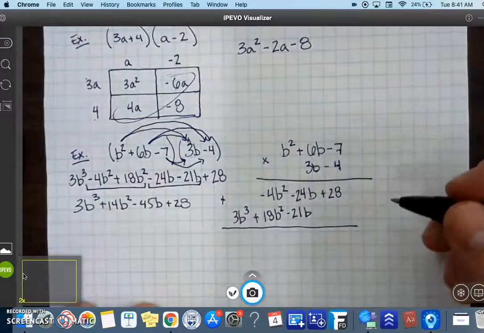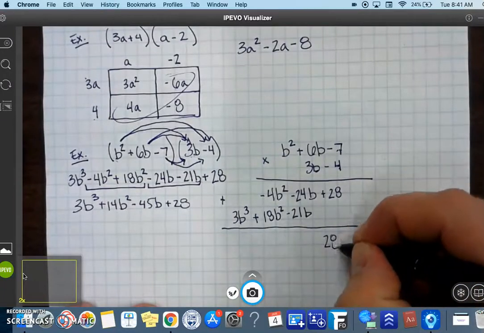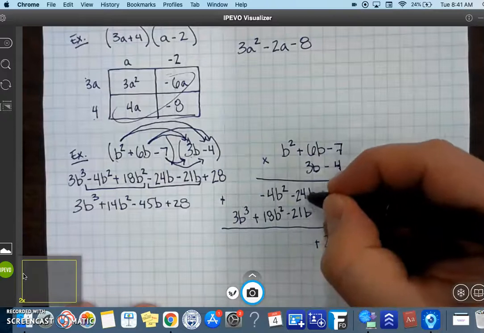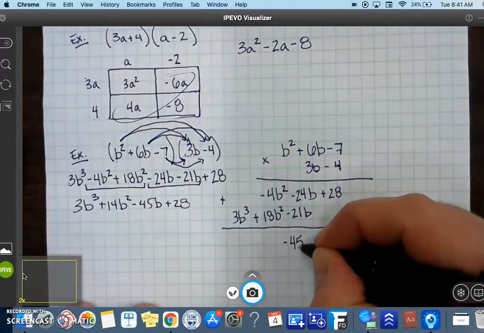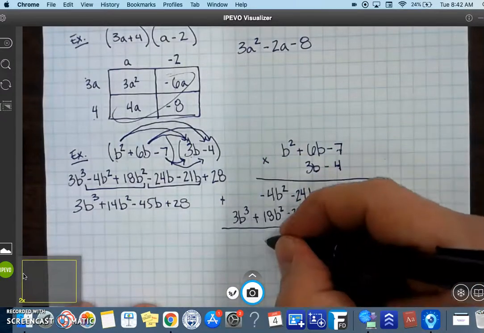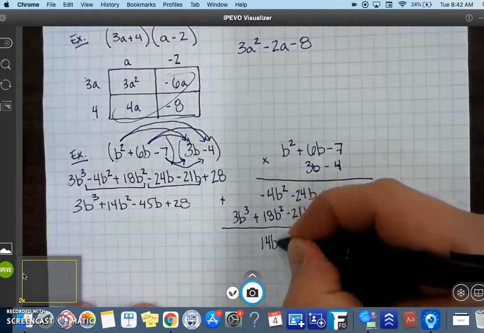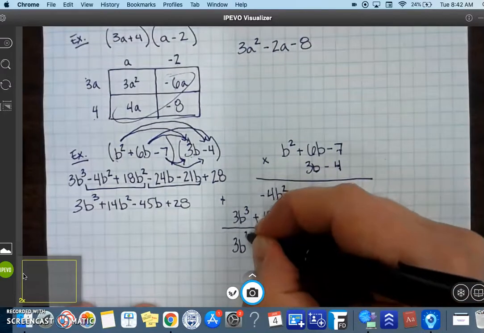Okay, and now it's just adding. 28 plus 0, 28. Negative 24b plus negative 21b, negative 45b. Negative 4b squared plus 18b squared, 14b squared. And 3b cubed.